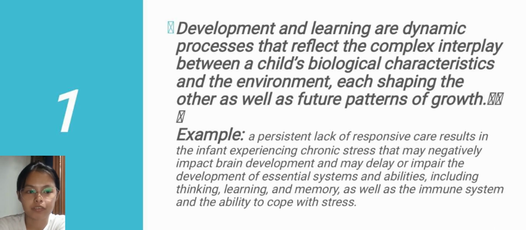Example, a persistent lack of responsiveness can result in an infant experiencing chronic stress that may negatively impact brain development and may delay or impair the development of essential systems and abilities, including thinking, learning, and memory, as well as the immune system and the ability to cope with stress.